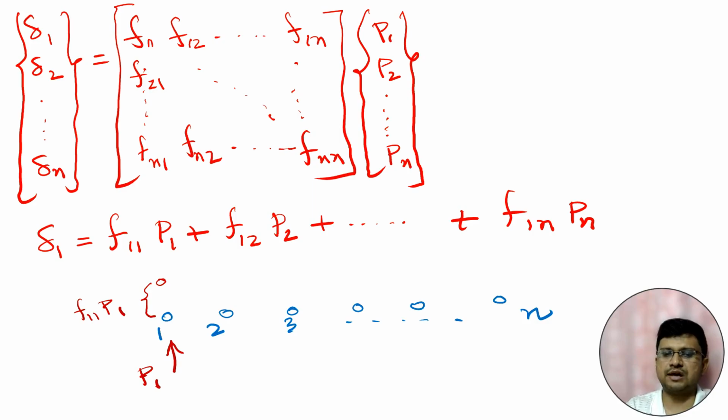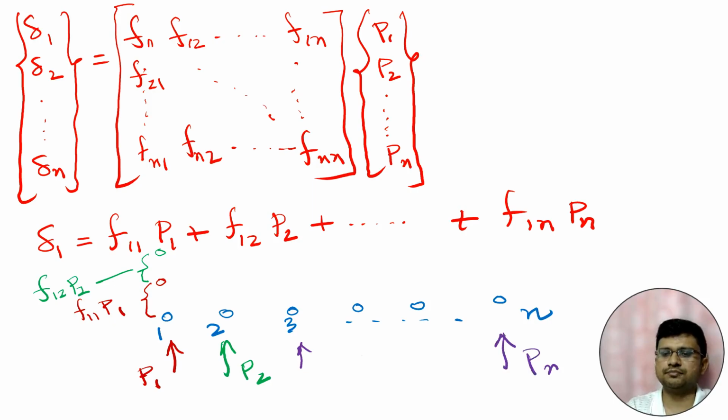Now after P1, if we apply force P2 at node 2, then there will be displacement at different nodes, and there will also be some displacement at node 1. That displacement will be F12 P2. Similarly, when we apply different forces one by one, there will be some displacement of node 1 due to each force.